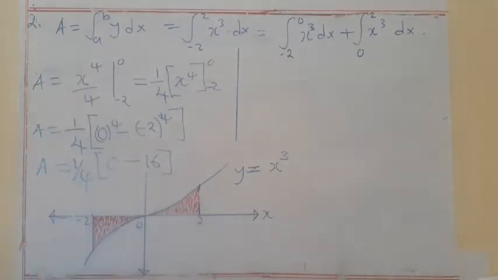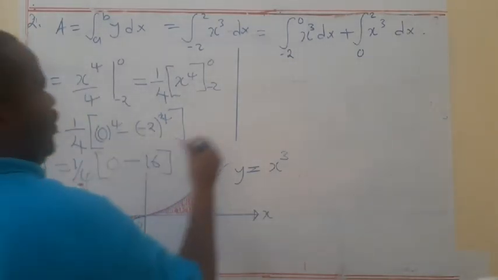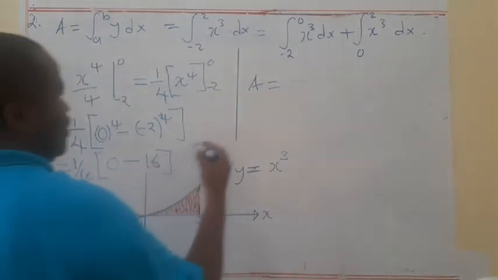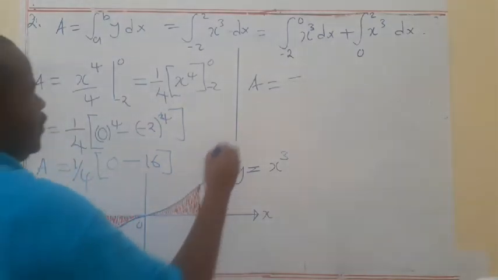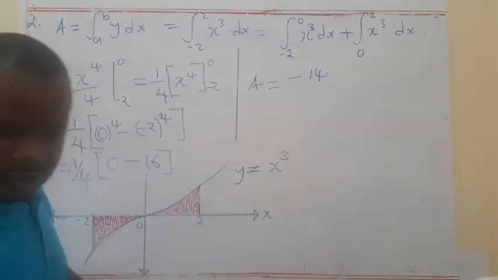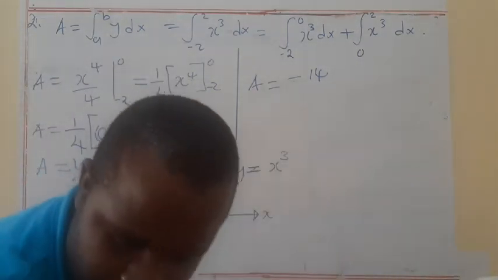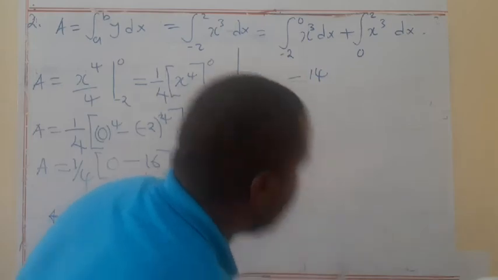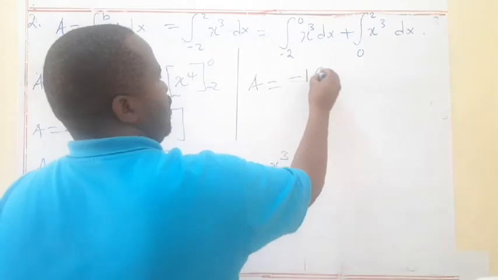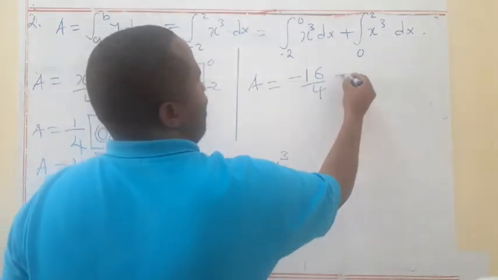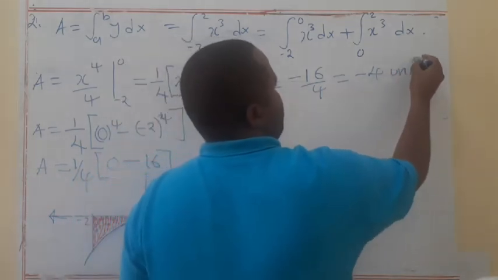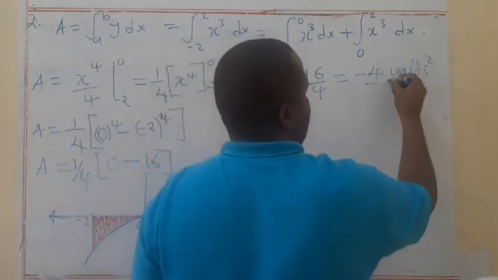So here we have area that is equal to negative 16 over 4. Okay, so we have negative 16 divided by what? 4. And here we get negative 4, right? Square units. Okay, this is our area.